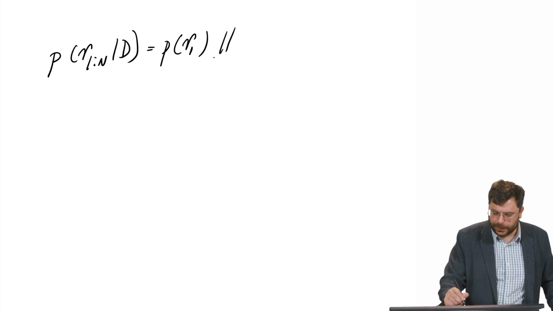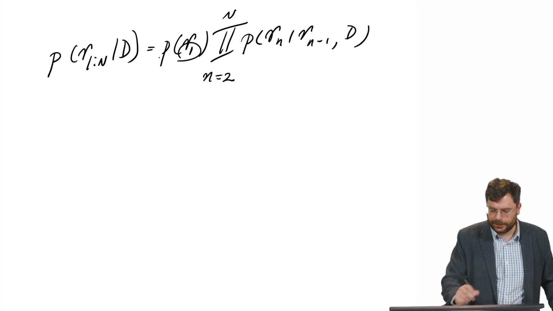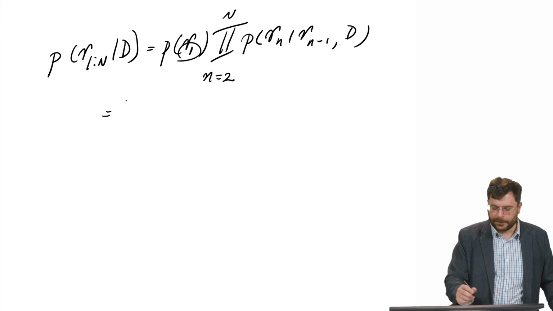So it should have been R1 times the product from n equal to 2 to n of P of Rn conditioned on Rn minus 1 and D. So it starts from 1. It doesn't start from 0. Not a big deal. Anyways, so let's go ahead and write this out explicitly.